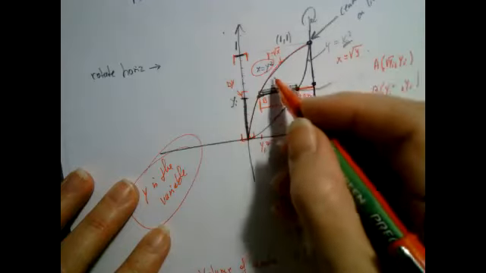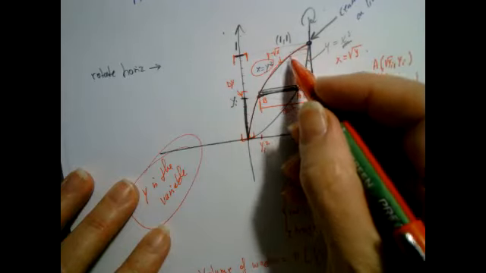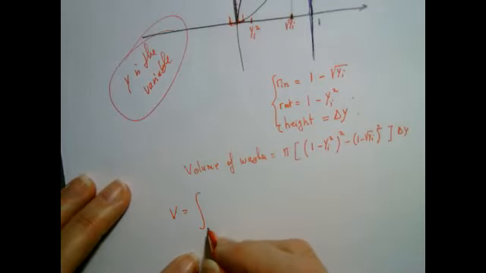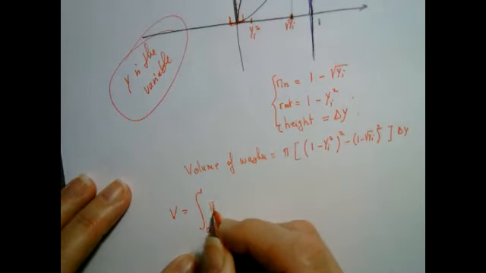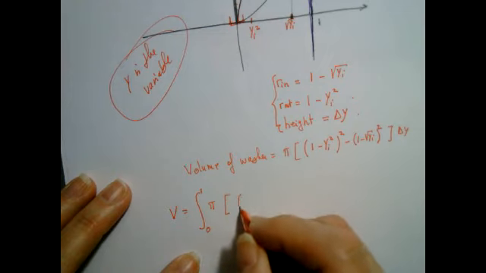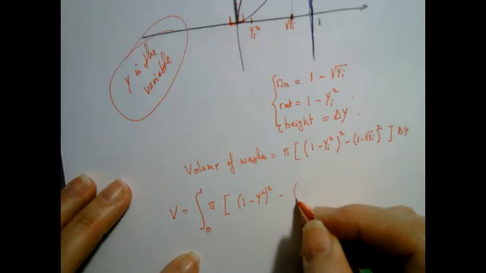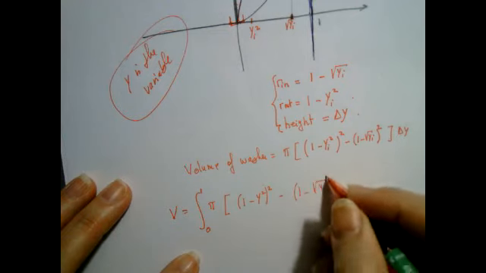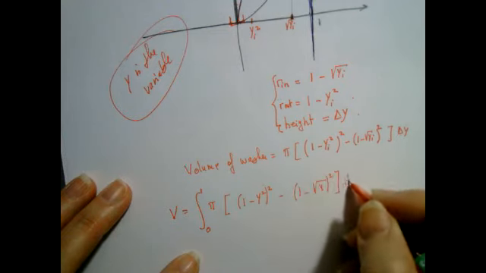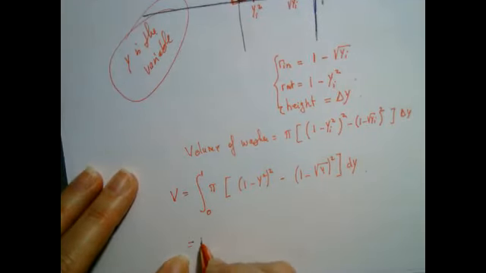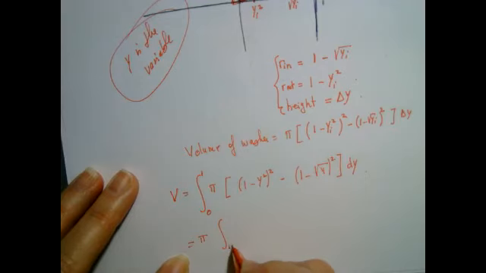But to cover this with those slices, I have to divide the interval from 0 to 1 on the y-axis. It's going to be the integral from 0 to 1 of pi times (1 minus y squared) squared minus that squared, and that's the dy. So finally, my pi can go out, and I will have the integral from 0 to 1 of this.